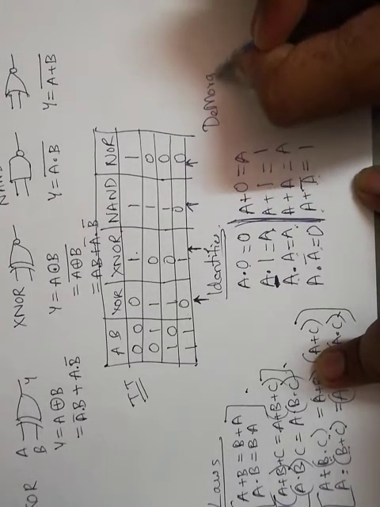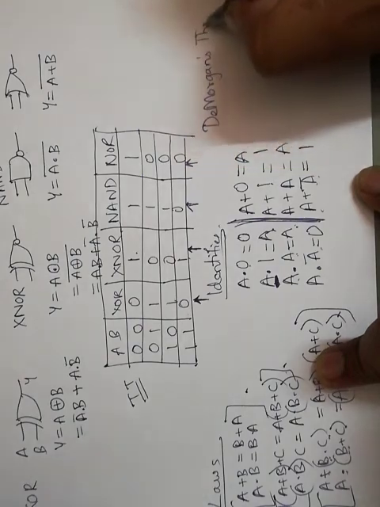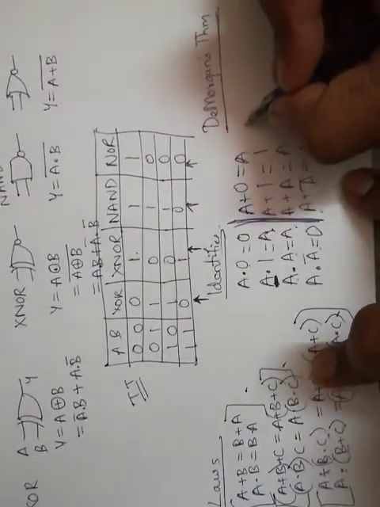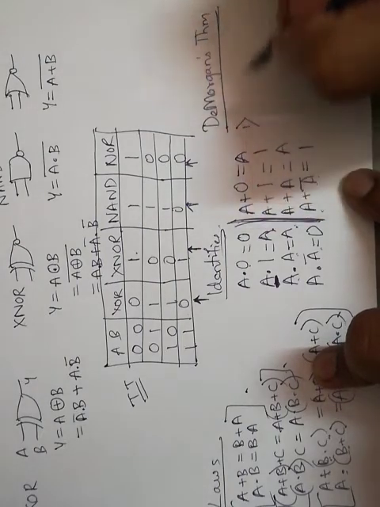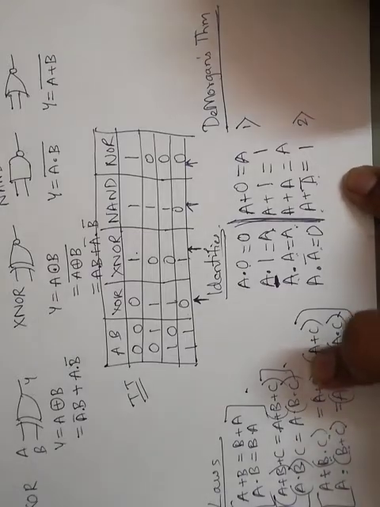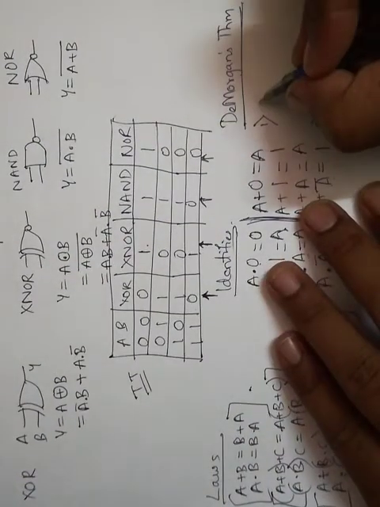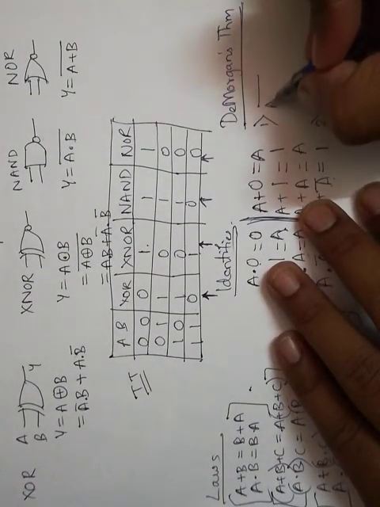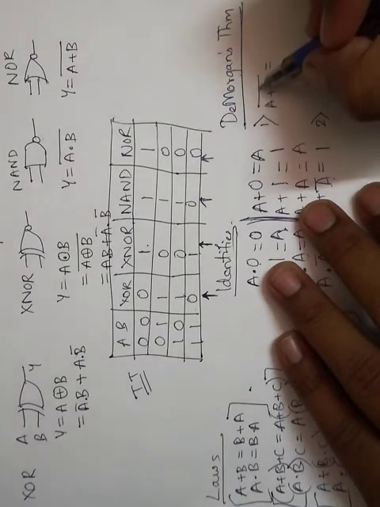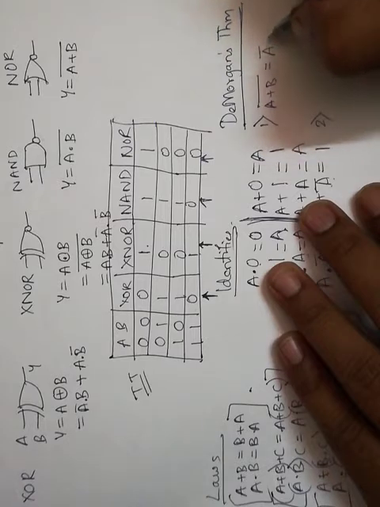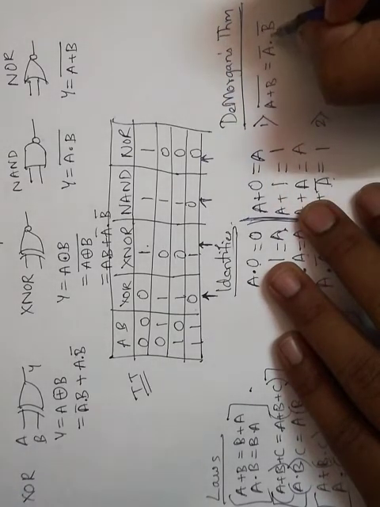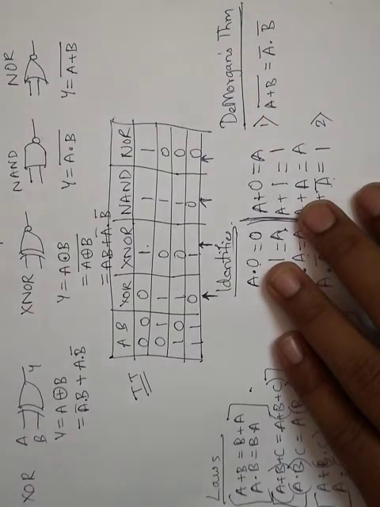Last thing is De Morgan's theorem. These are very important theorems. We have two theorems. First theorem, it states that the complement of OR of two variables is equal to AND of individual complements of the variables.